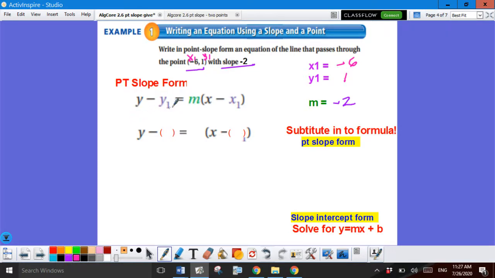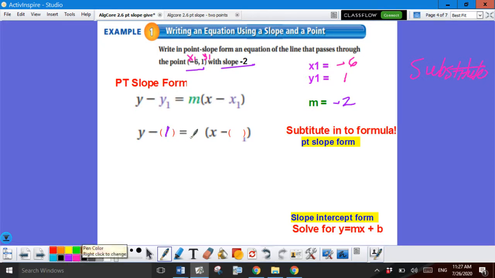Y minus y1 equals m, x minus x1. And again, I am going to be substituting. And every time I substitute, I need to use parentheses. So notice how I have these extra parentheses in here so we do not lose negatives. And let's put our numbers in. So y minus y1. Well, what is y1? It's a 1.